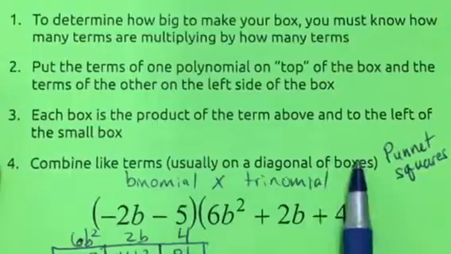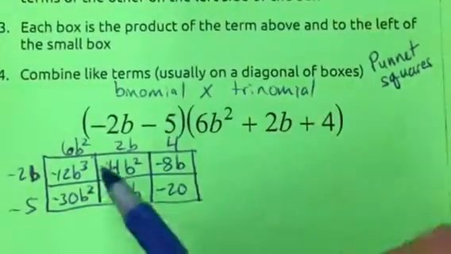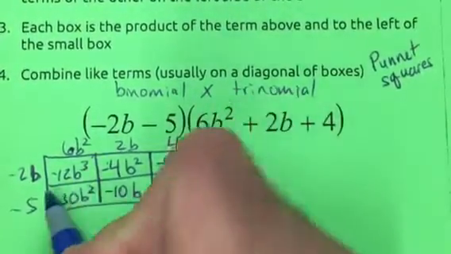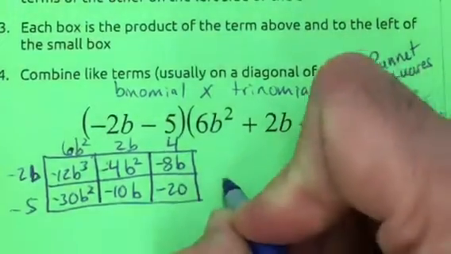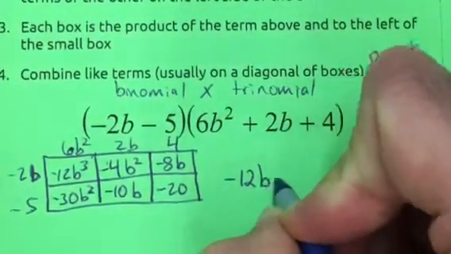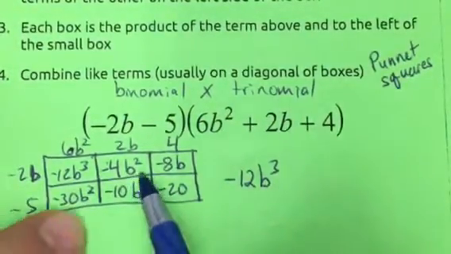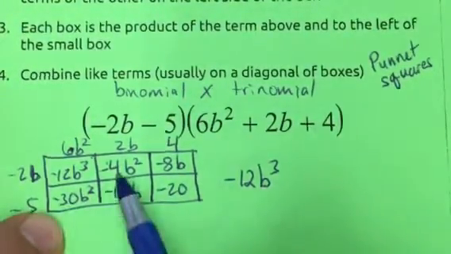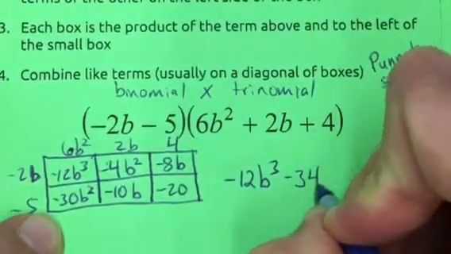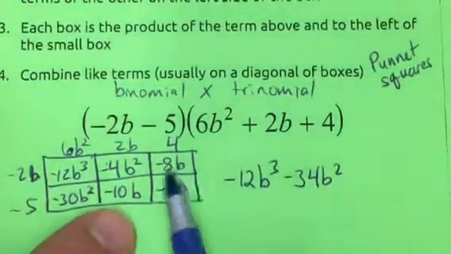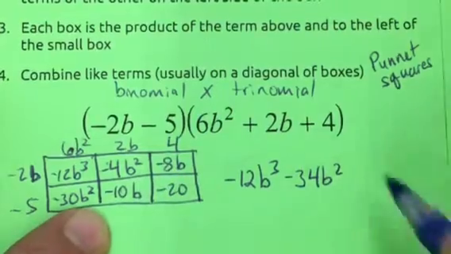Combine like terms, usually on the diagonal of boxes. All right, combine like terms. My highest power is 3, negative 12b cubed. These two are like terms, they're on the diagonal, b squared and b squared: negative 30 and negative 4. These two are b's, negative 10 and negative 8.